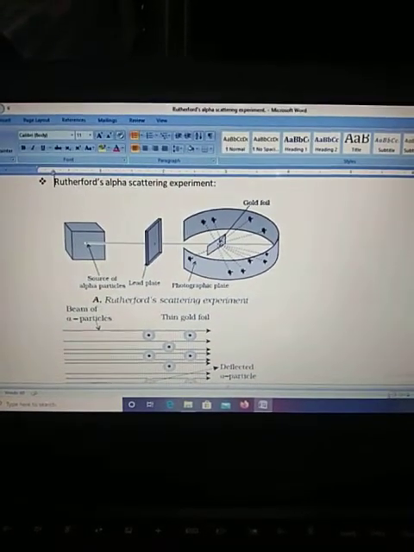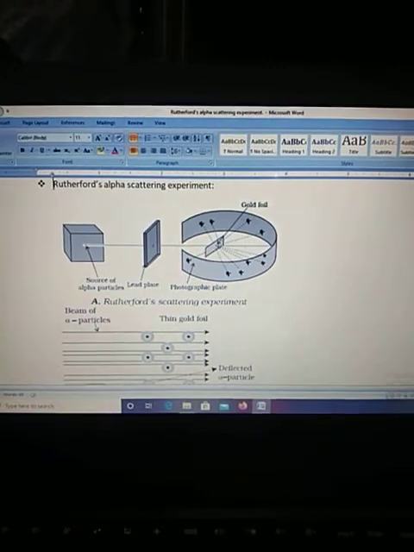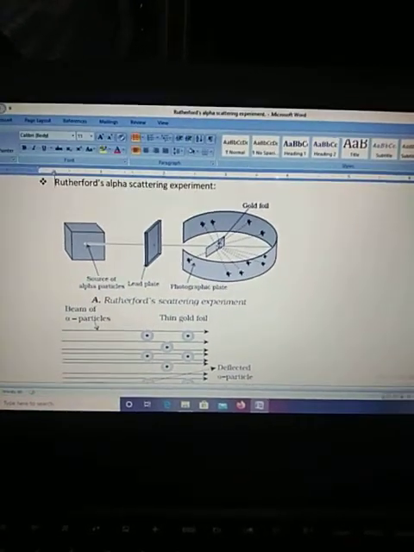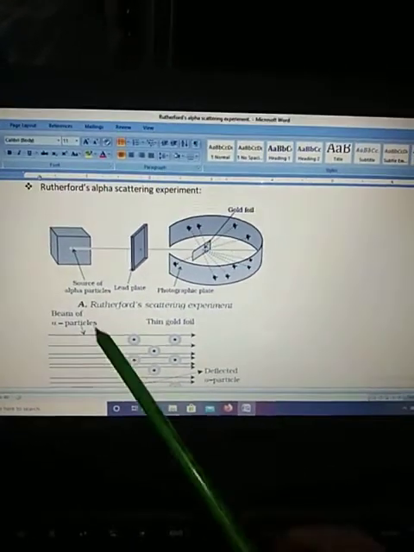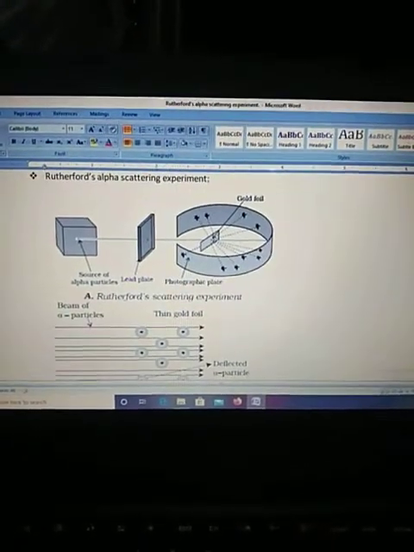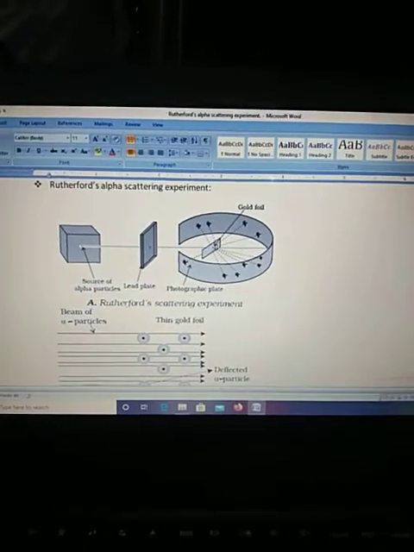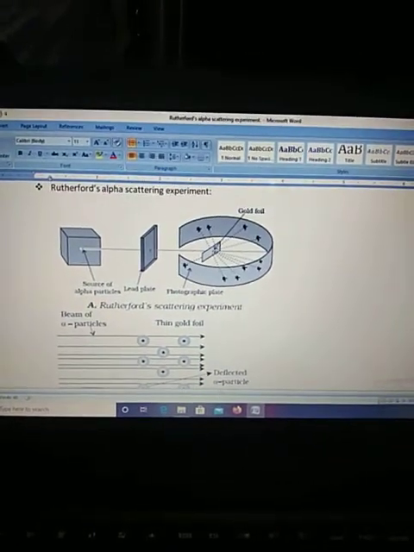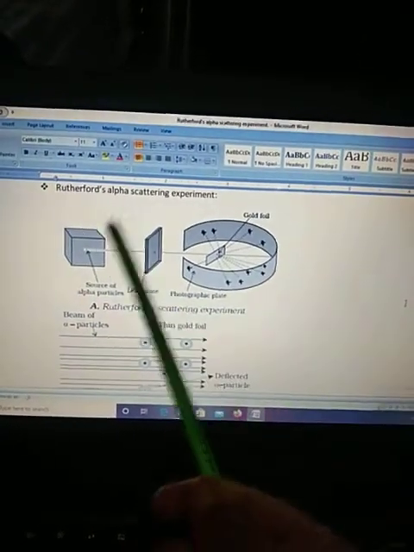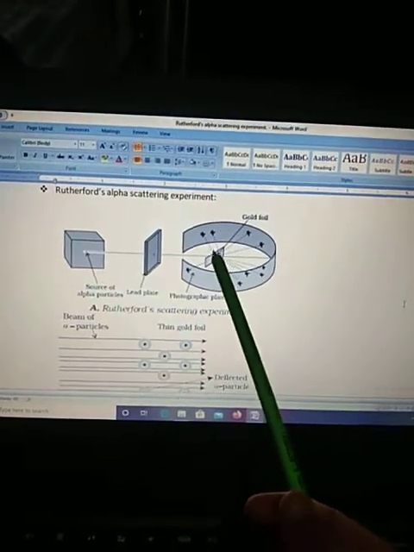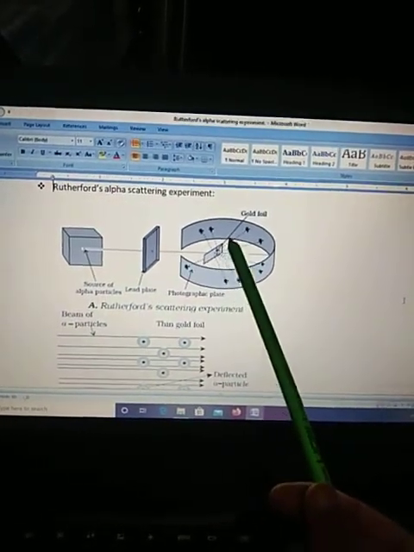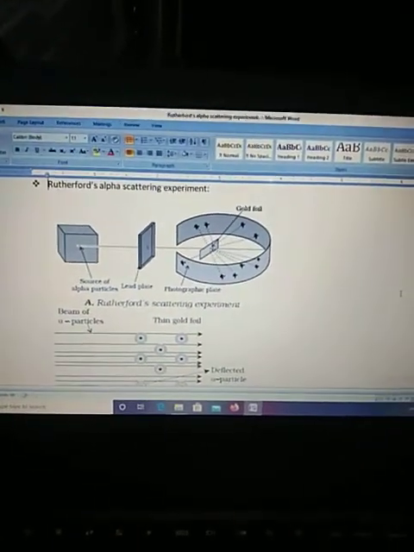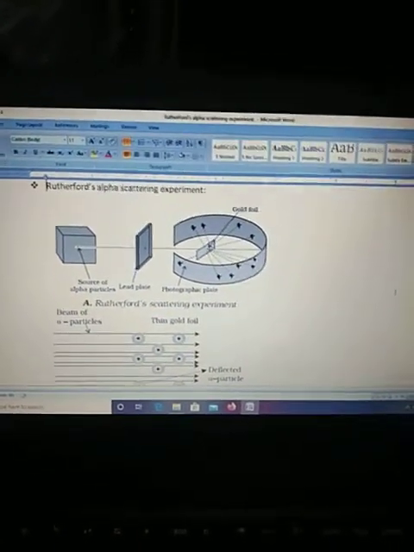In this experiment, fast moving alpha particles, that means particles which are emitted from radioactive elements, are made to strike a very thin gold foil of around 0.0004 centimeter thickness.